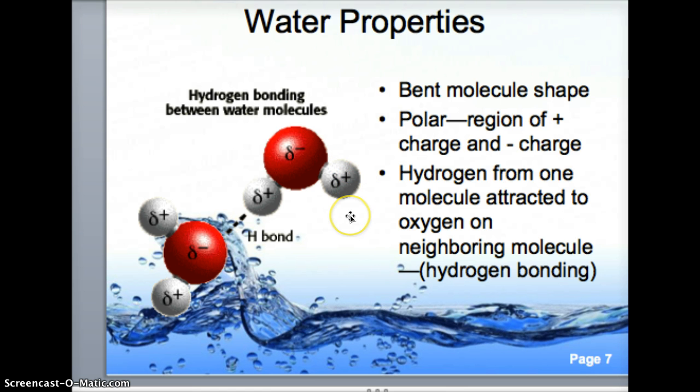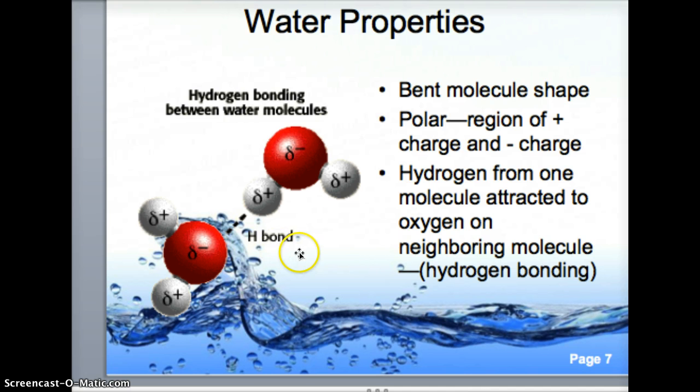That gives water some other unique properties besides just being bent and being polar. It allows this water molecule to be highly attracted to this water molecule. How would they be attracted? This positive part of this water molecule is attracted to the negative portion of this water molecule, and we call that process hydrogen bonding.